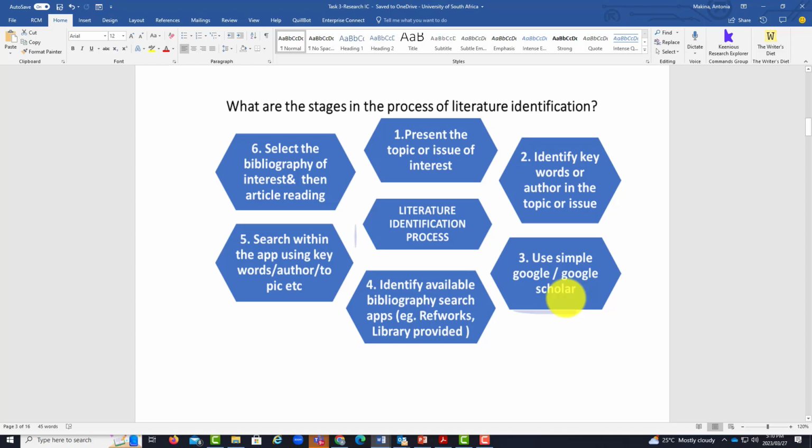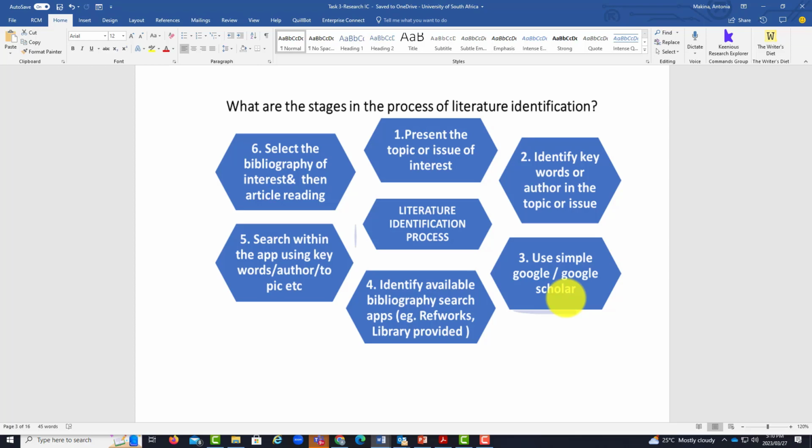In the second case, identify the words or author in the topic or issue. Once you identify the words and authors, then you use either Google or Google Scholar, or in the fourth case, you can identify bibliography search applications like RefWorks or in the library of any university to then put in those words and topics or issues so that you are able to pull out and search within the application.